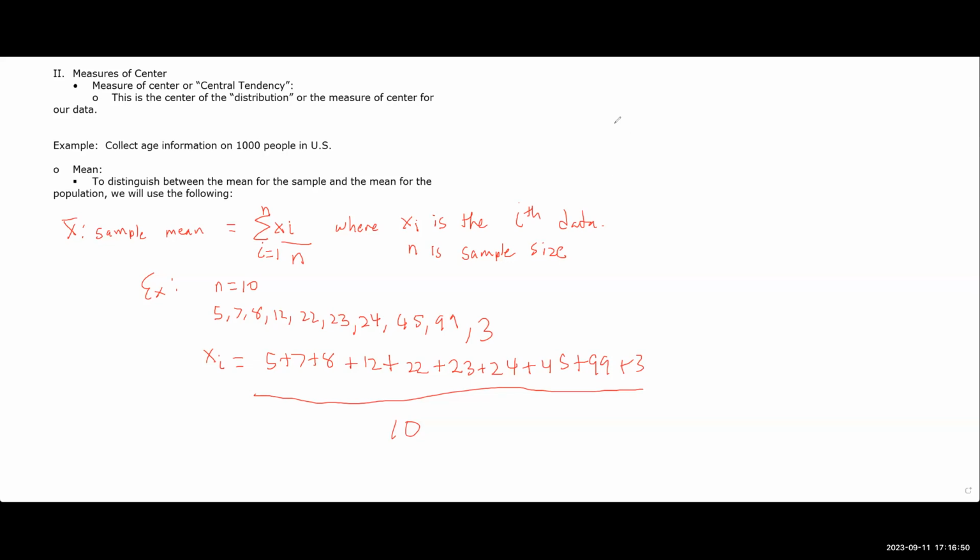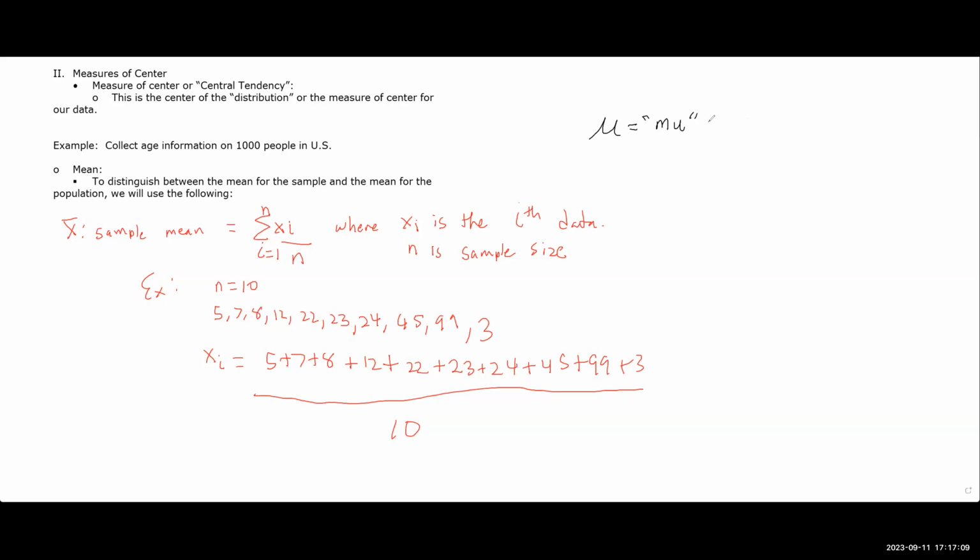Okay. Population mean, we use the symbol mu. It looks like a fancy U, and it's said as mu.